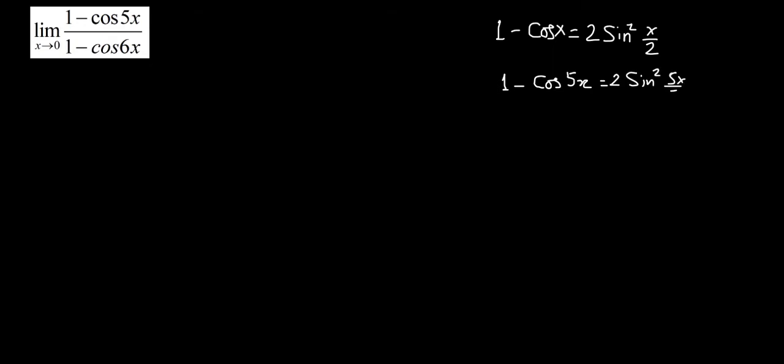So in this question, we need to determine the limiting value of the trigonometric function when x approaches 0. So we have 1 minus cosine of x given by 2 times sine squared x over 2. So if we replace x by m times x, or let's take it as 5 times x, then we have 2 times sine squared of 5x over 2.